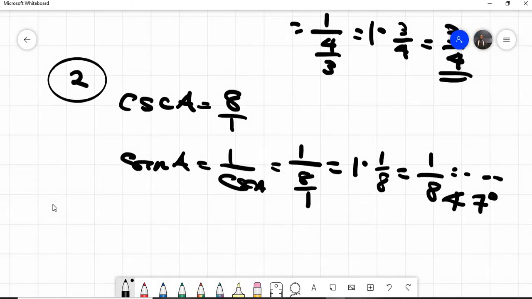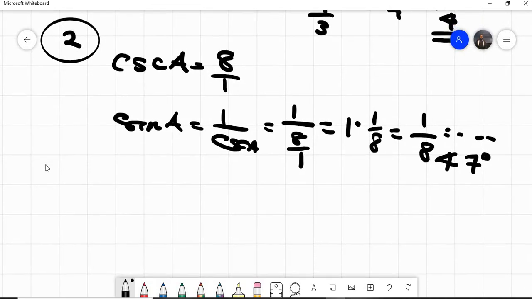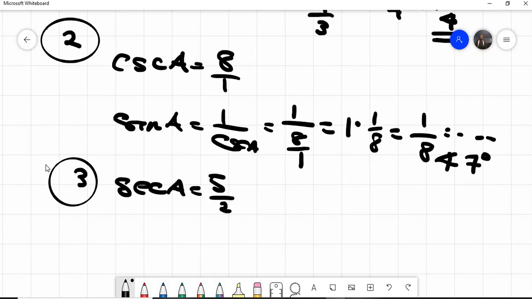Okay, let's write example 3. We are given sec A is 5 over 2. Sec is related to cos. So what is cos A? That's what we must find.